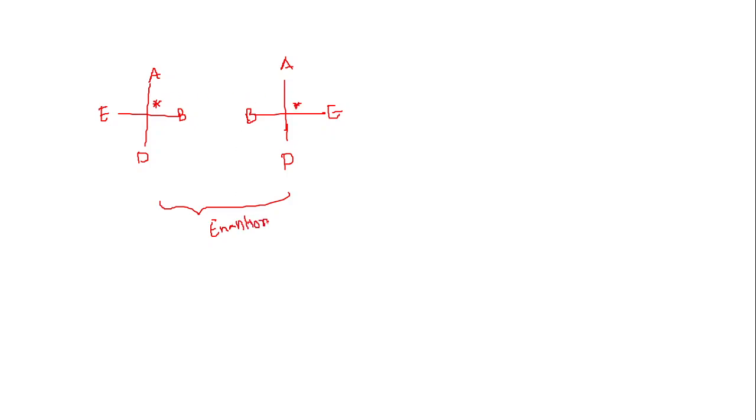So what is enantiomers? These are chiral molecules which are mirror images of each other. So I should use the term chiral. Molecules which are mirror images of each other.